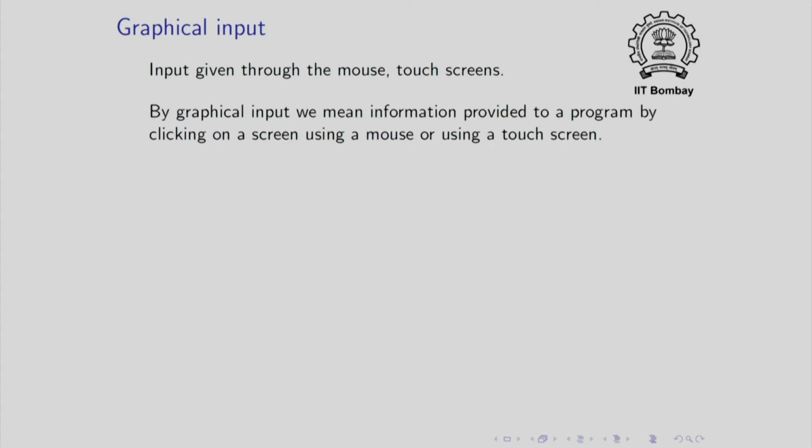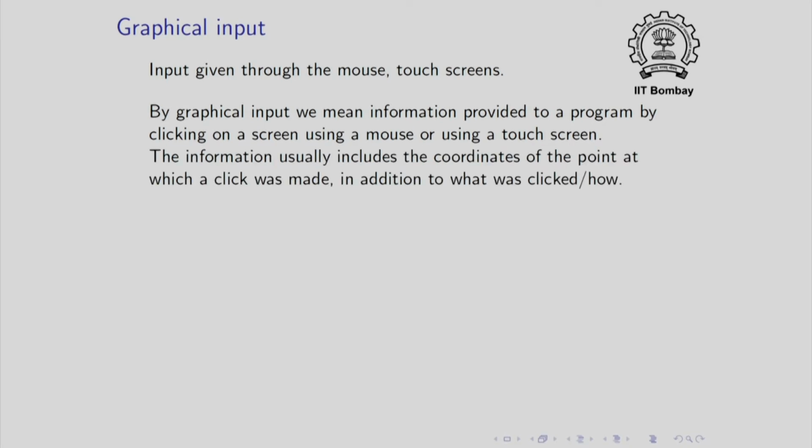Graphical input is input given through the mouse or touch screens. By graphical input we mean information provided to a program by clicking on a screen, using a mouse or using a touch screen. We do not include in graphical input the information that comes to a program by pressing keys on the keyboard or by reading files from a disk.